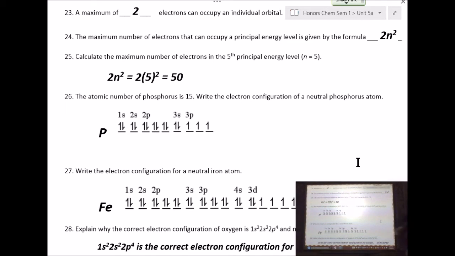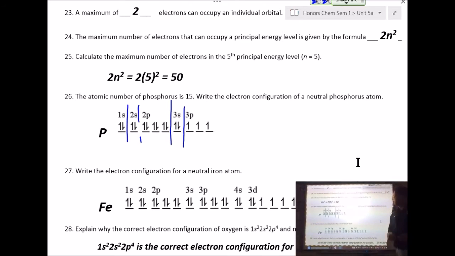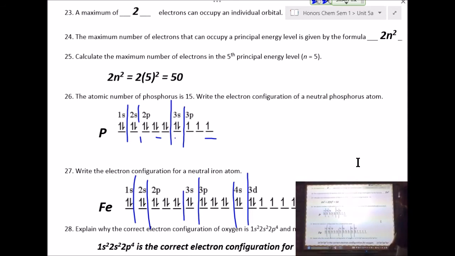In other words, looking at phosphorus, I know phosphorus is right here in the p orbitals, the 3 p's, so there should only be 3 electrons there. Probably not a bad idea to separate so you can see that the p's do have 3, the s has 1, the p's have 3. And when you get down here, drawing lines in between the different types of orbitals might be helpful in knowing that you have the correct number of dashes.